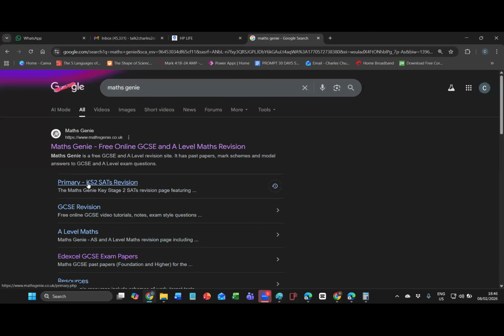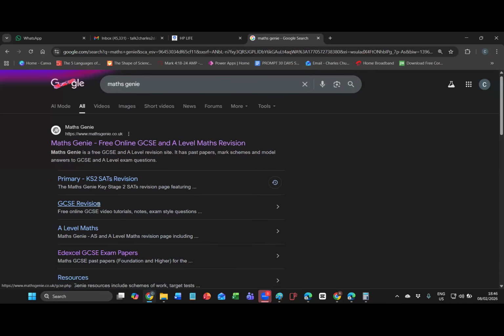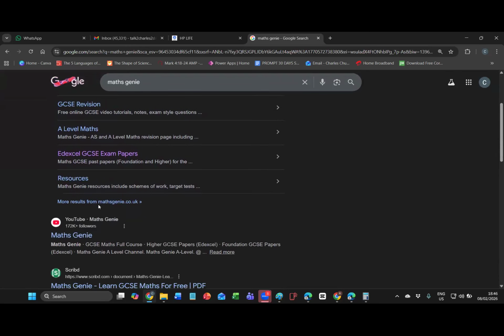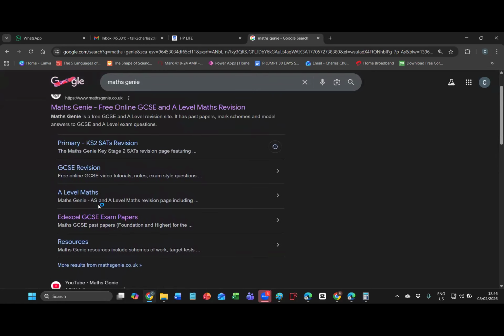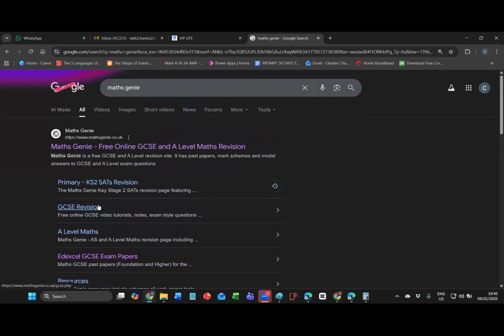Key stage 2. Would that be key stage 2, KS2, right? I think so. I think it'll just be Maths Genie. Okay. No problem. Let's just go to mathsgenie.co.uk.